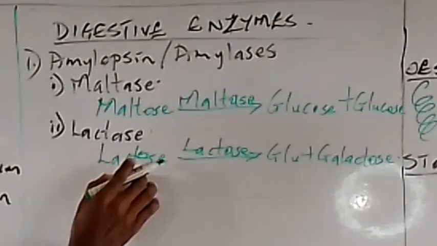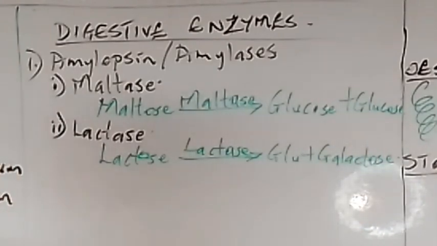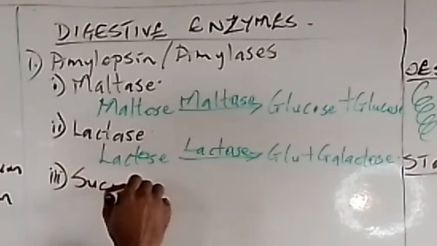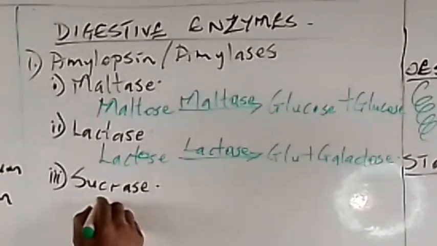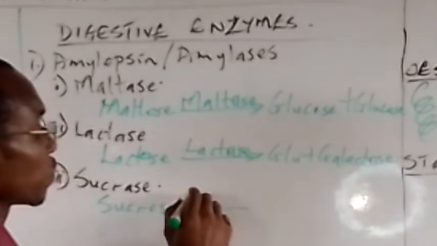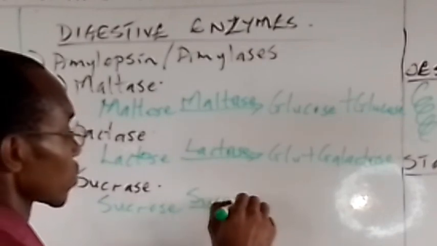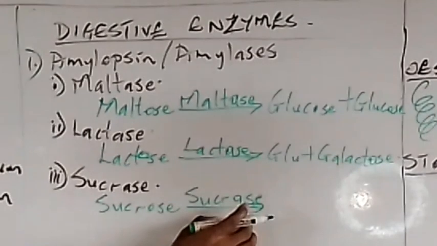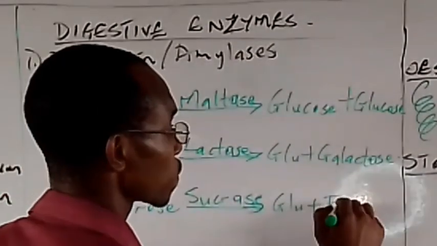And then we have the third one, which is a sucrase. Sucrase is the third one, and what does it do? Sucrase converts sucrose to glucose plus fructose.